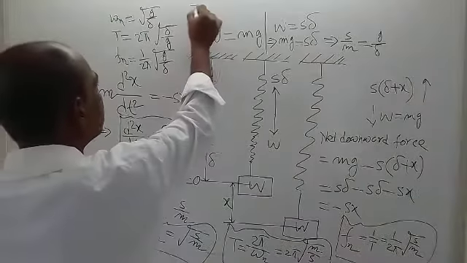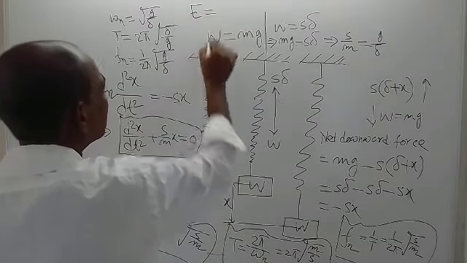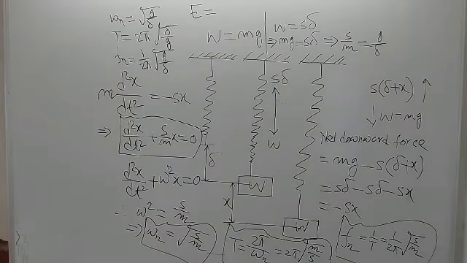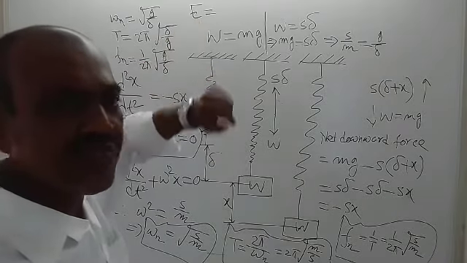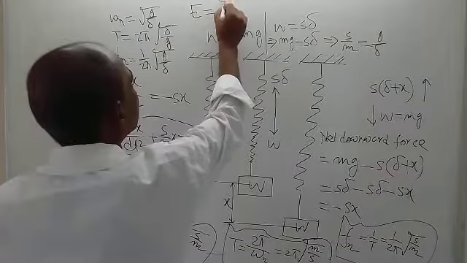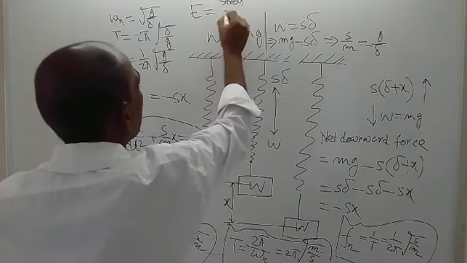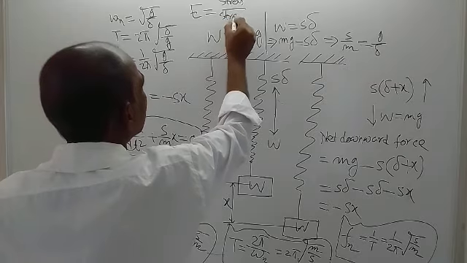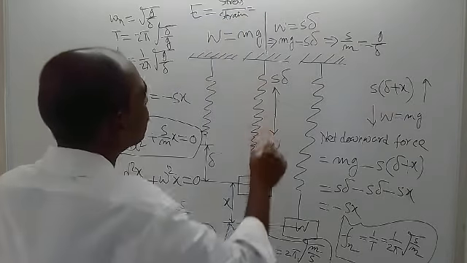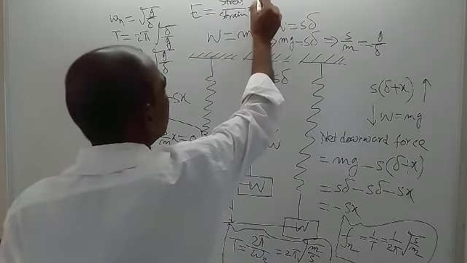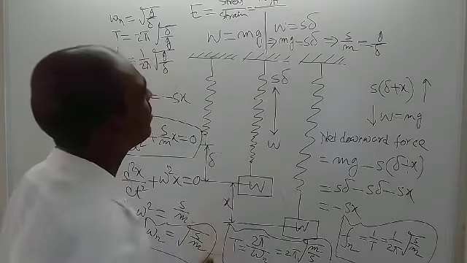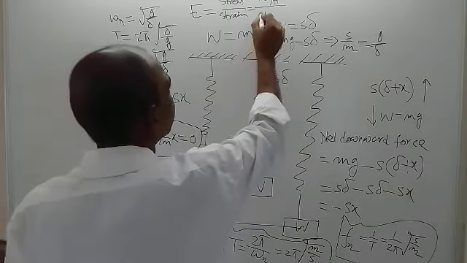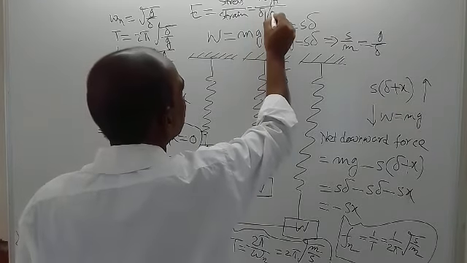We know that Young's modulus E is equal to stress by strain. Am I right? And stress is force per unit area, W by A, and strain is equal to delta by length of the spring.